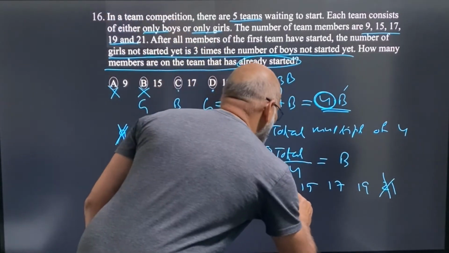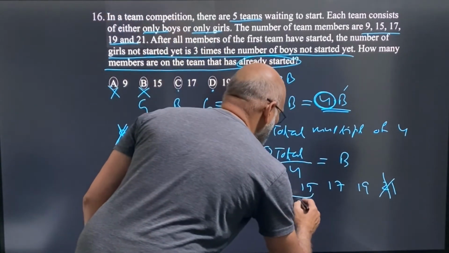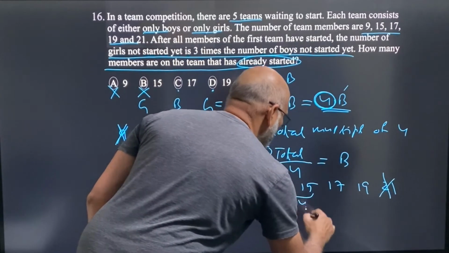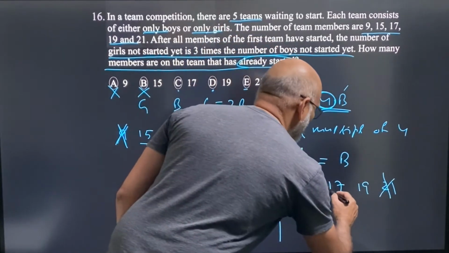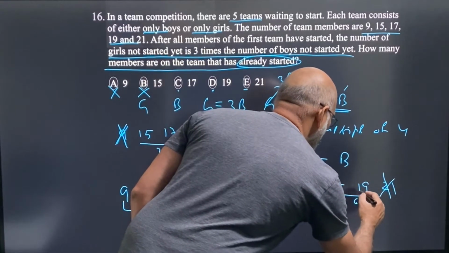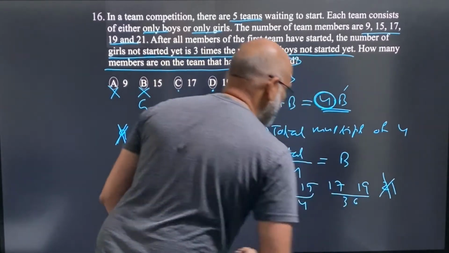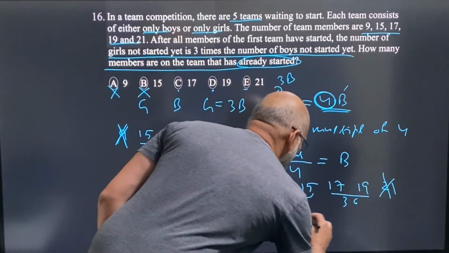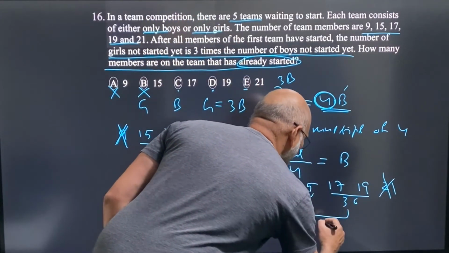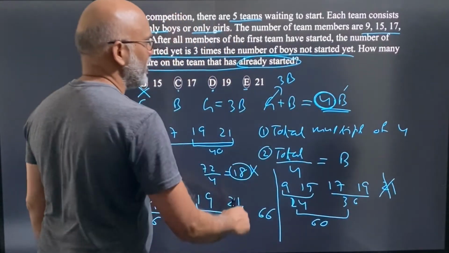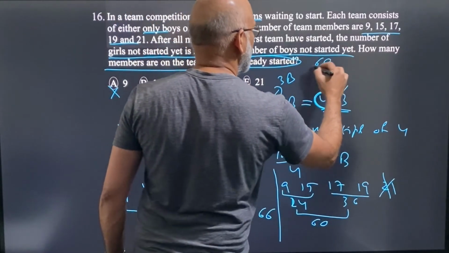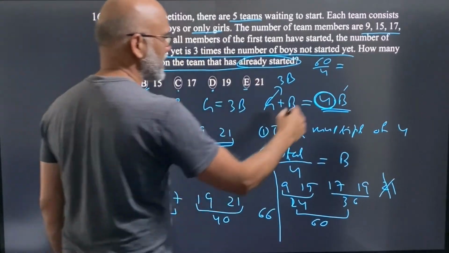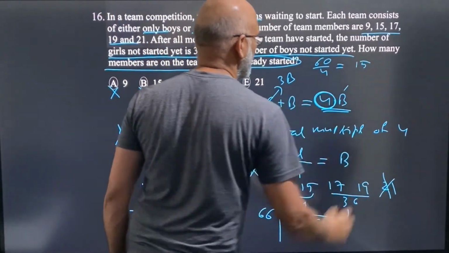Then if I sum up these two numbers, this is going to be 24, right? And this is going to be 36. So 24 plus 36, these two together gives me 60, right? 60 is divisible by 4, and 60 by 4 is 15, right?